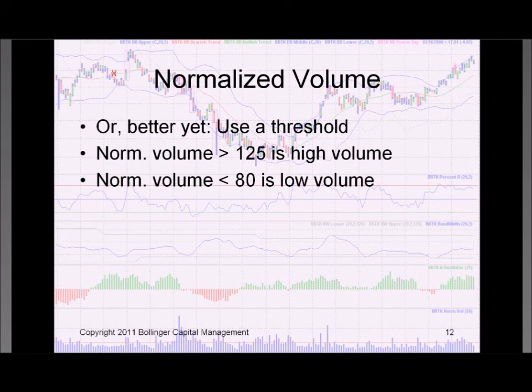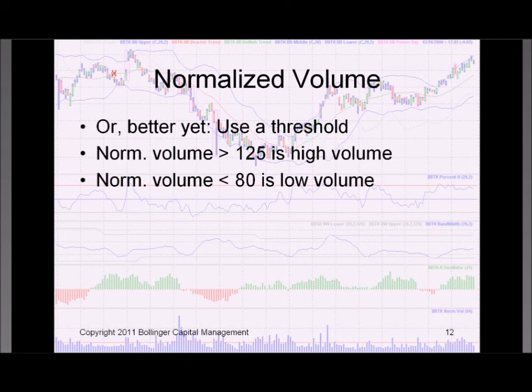But in fact, this is a ratio function, so we need to take the reciprocal, 1 over x, and that works out to be 125 and 80, or if we were to use 150, that would be 150 and 66. So you can see it's not a direct relationship.